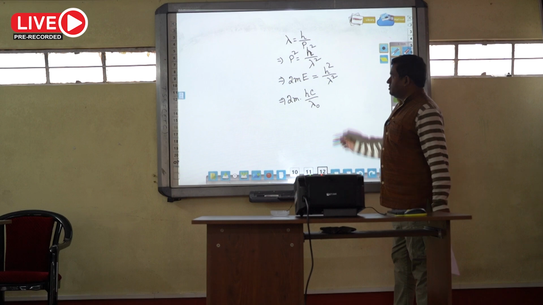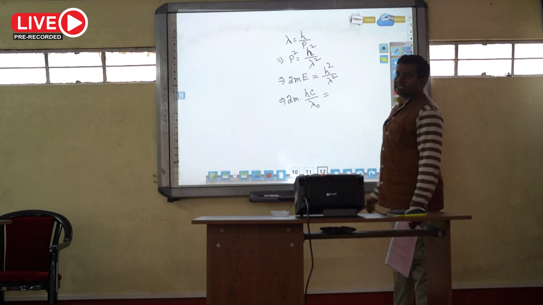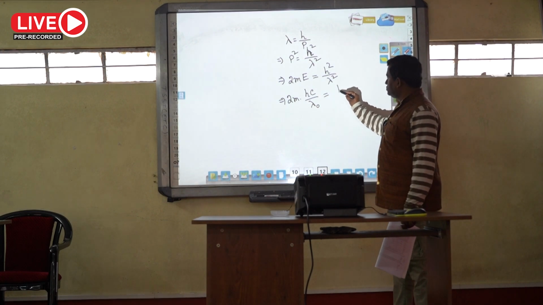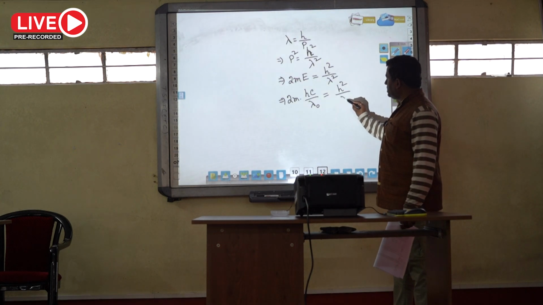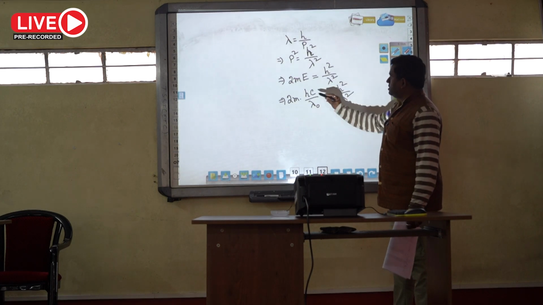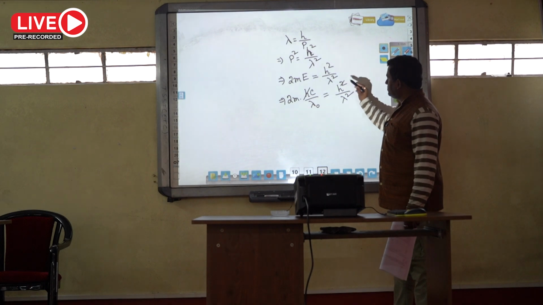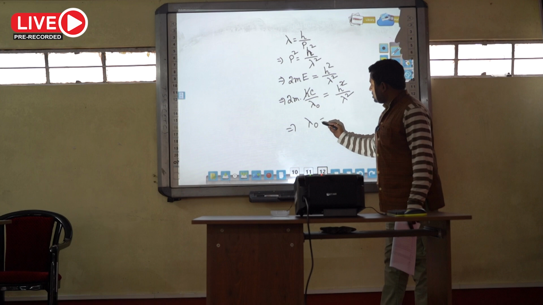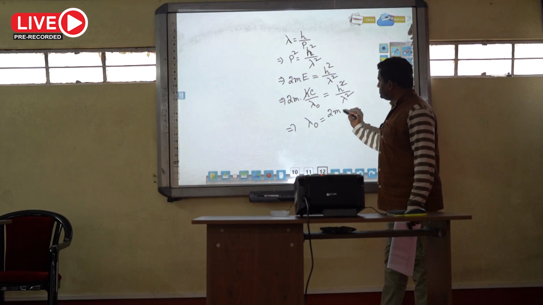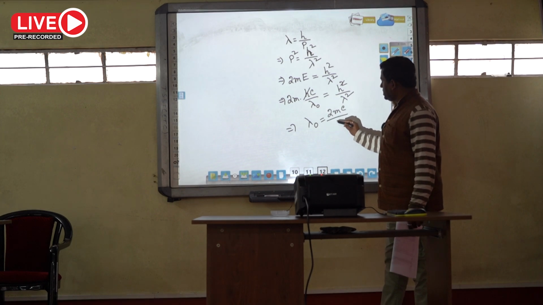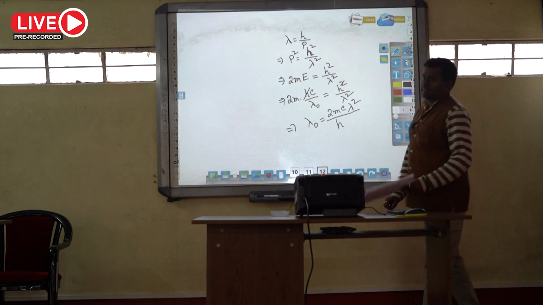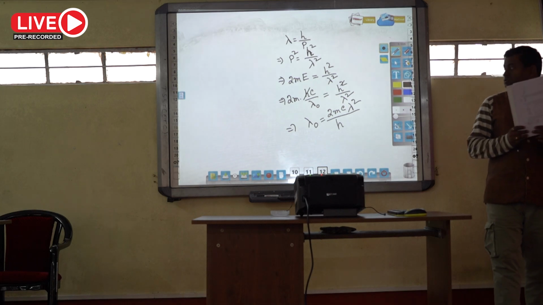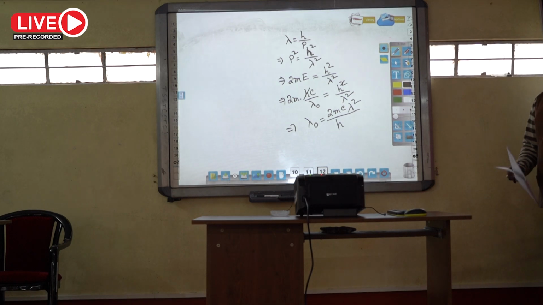Because E equal to hc by lambda, so it is h square by lambda square. Now one h will cancel, then lambda naught you have to find. Lambda naught will be 2mc by h into lambda square.